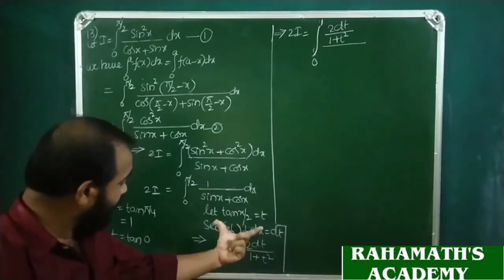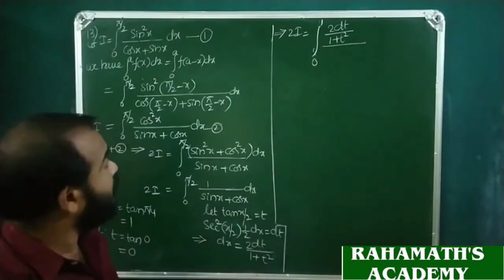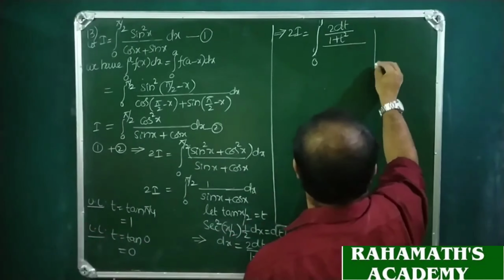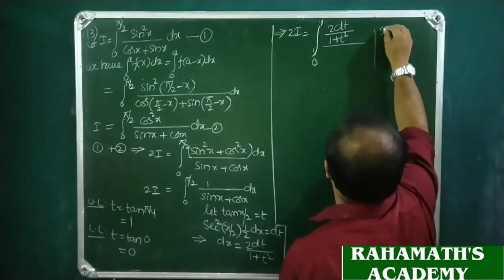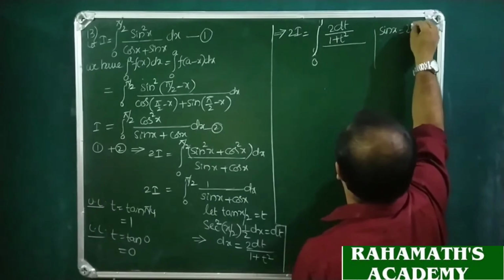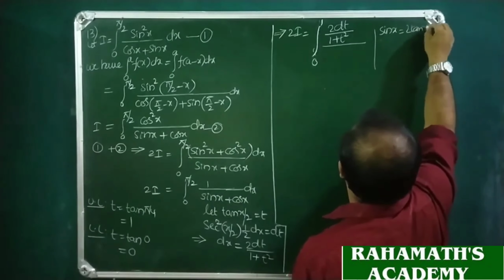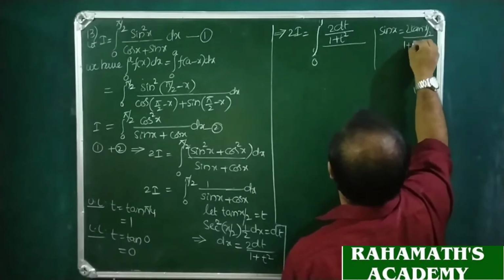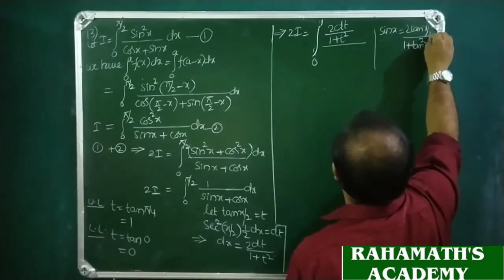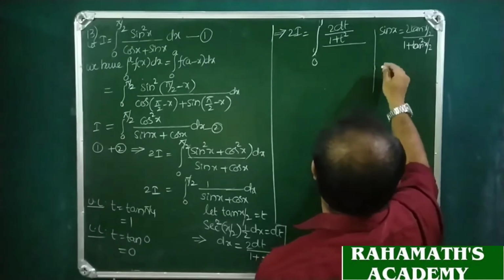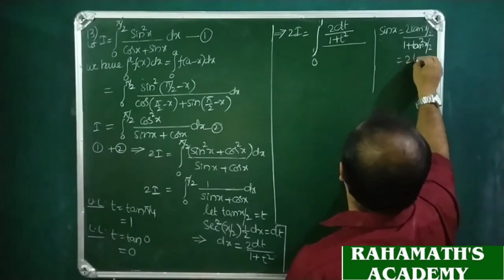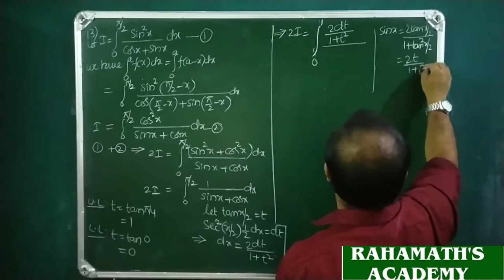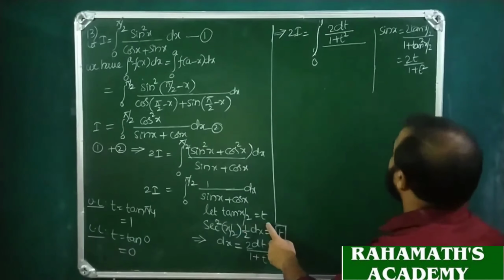We need some more substitution. What is sin x here? Sin x is 2 tan x by 2 by 1 plus tan square x by 2. So sin x equals 2t by 1 plus t square, since tan x by 2 equals t.